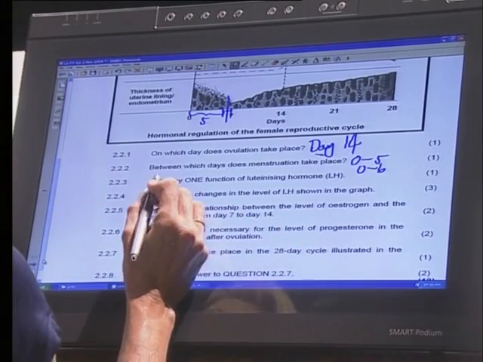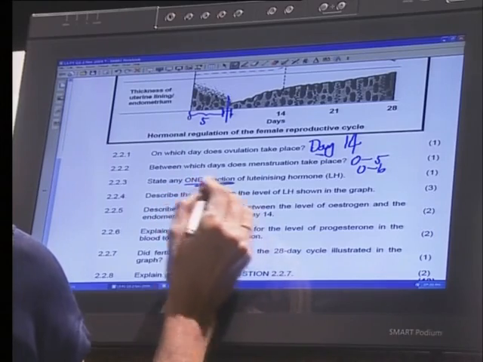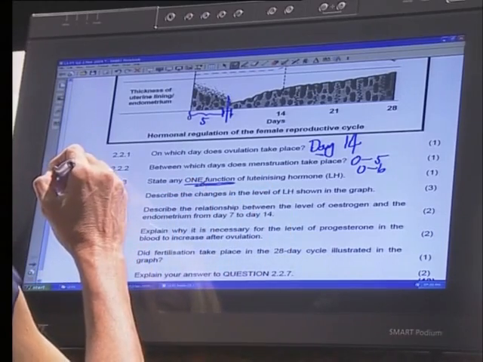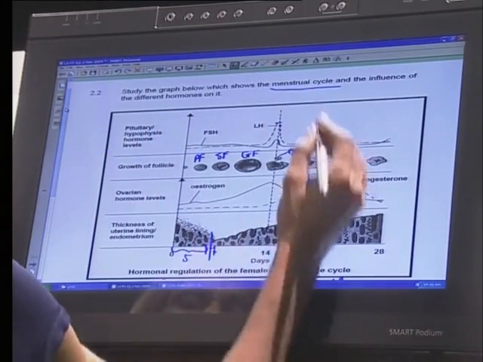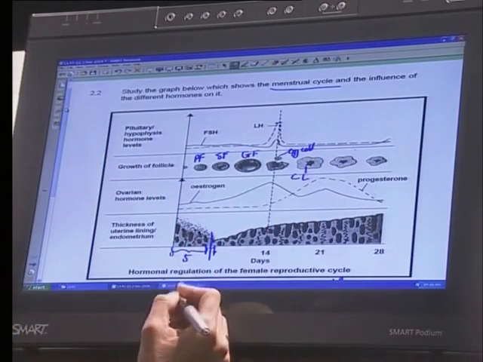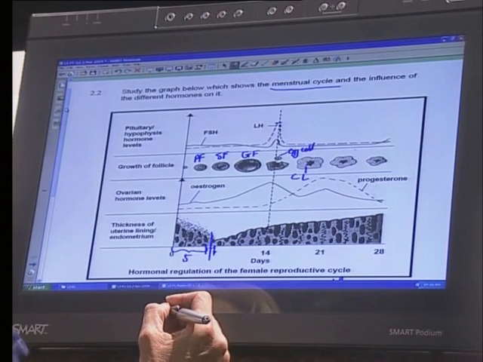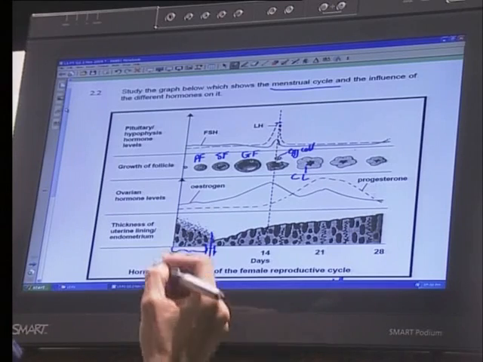Yes. Then state any one function of luteinizing hormone. Now, look here. You don't have to learn this. What do you think the function of luteinizing hormone is? I think it's for the follicle to release the ovum or something. Exactly.